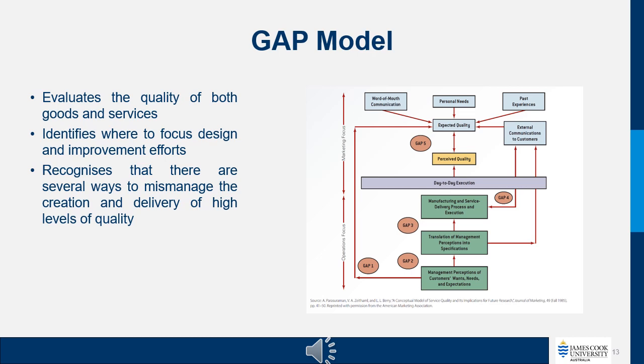People view quality by comparing the features and characteristics of a good or service to a set of expectations. The gap model recognizes that there are ways to mismanage the creation and delivery of high levels of quality. You can see from this picture where we can identify those gaps.